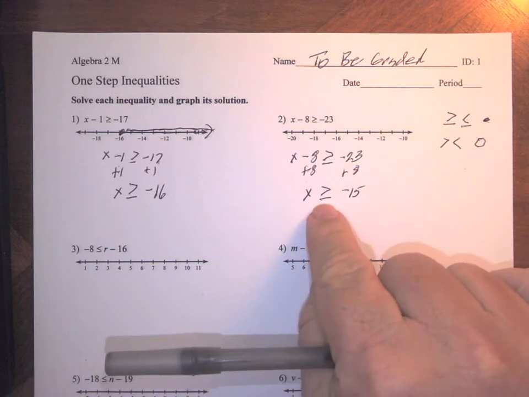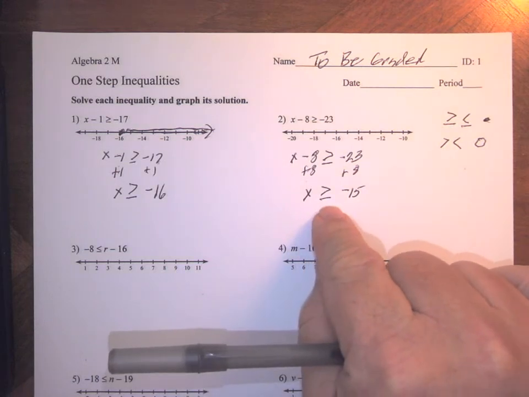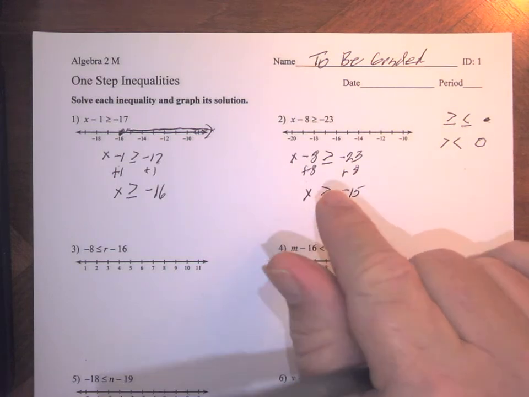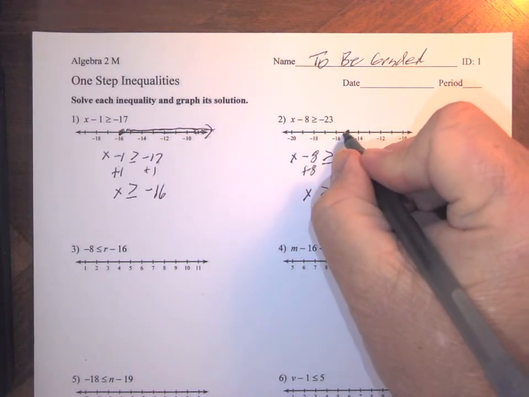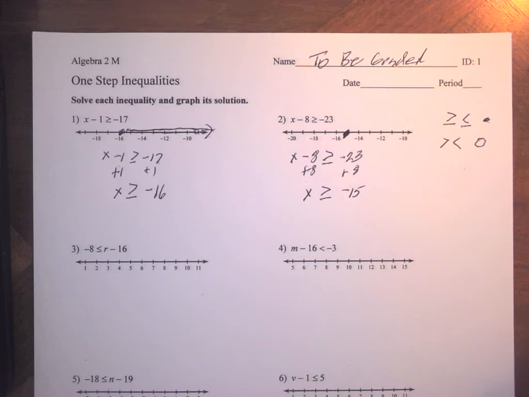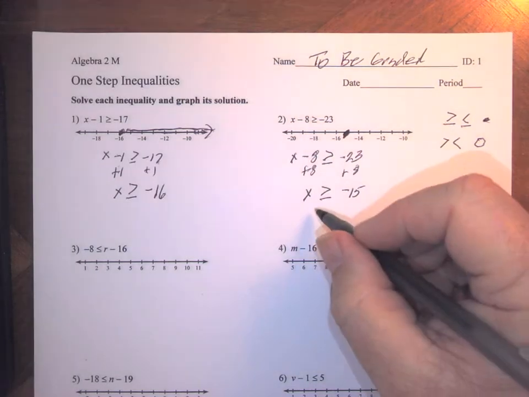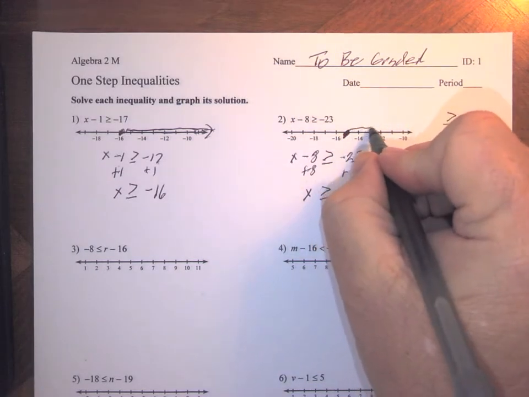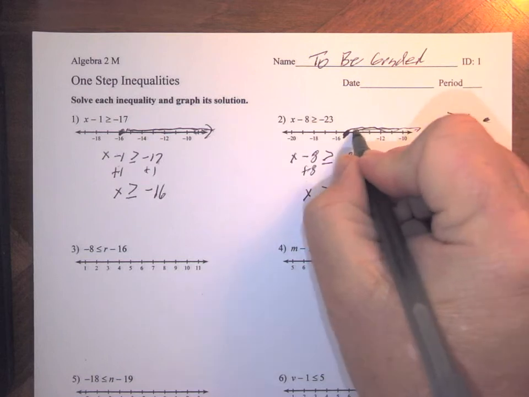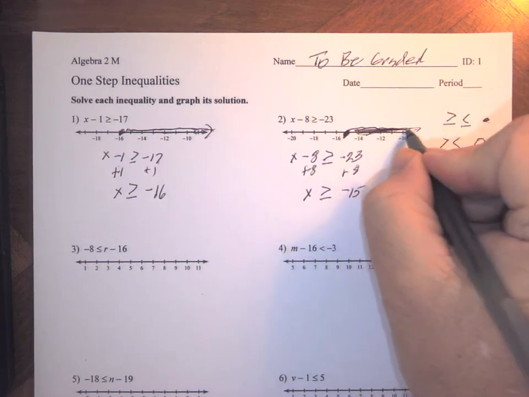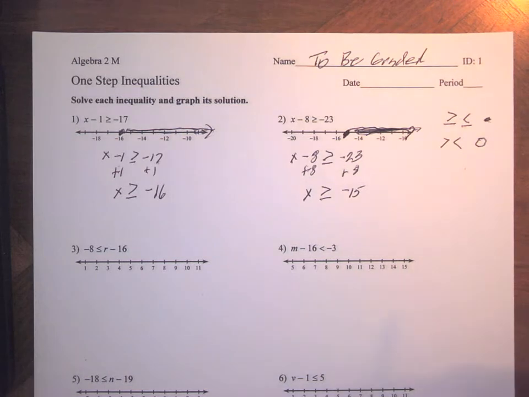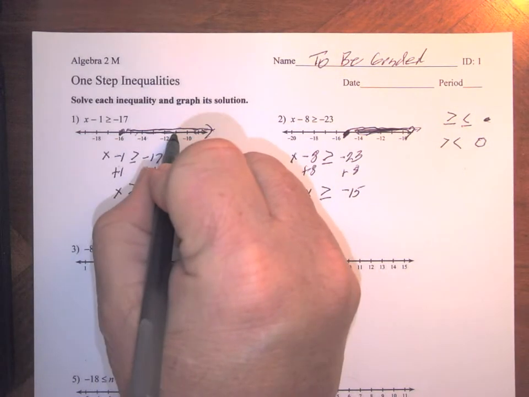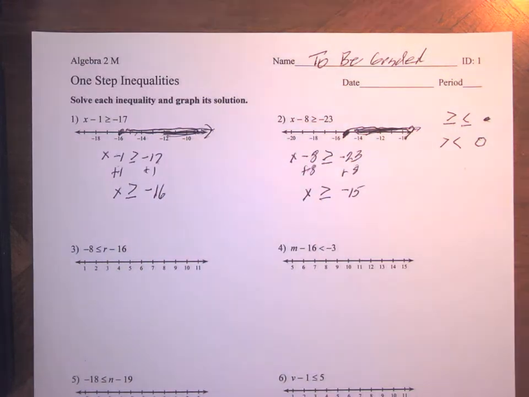All right, we've got a greater than or equal to, so we're going to look for minus 15, which is right here, and put a dot there. And since x has got to be greater than that, it's everything in this direction.